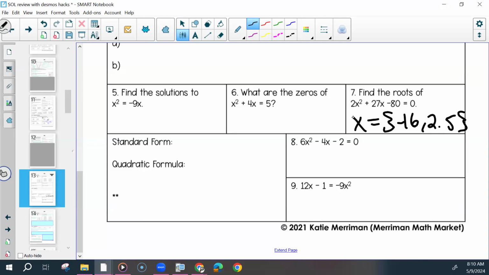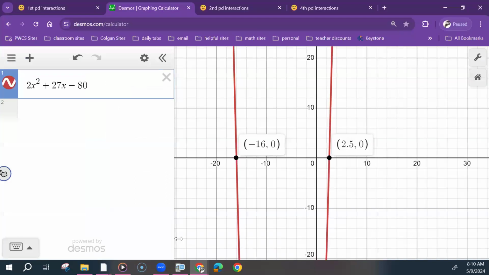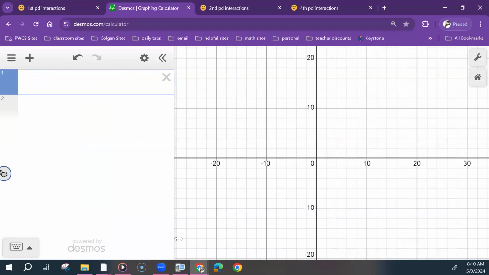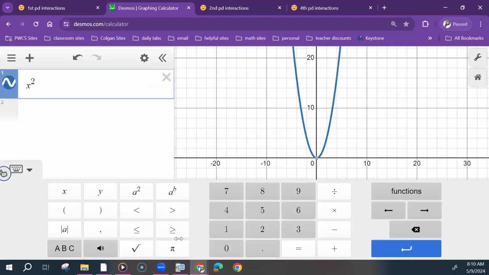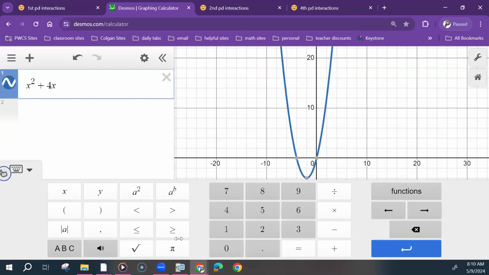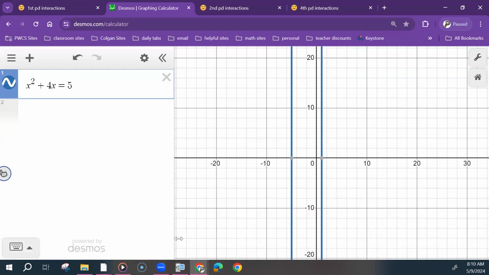Let's do number 6 on the same page, and then we'll do that one. So if I wanted to do this as is, I'm going to type this in. Because it doesn't equal 0, it's still gonna give me my two solutions.